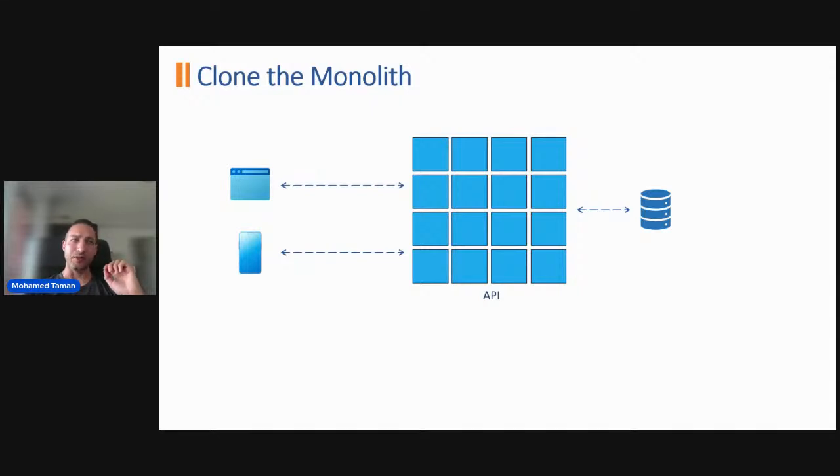So what do they actually need? Do they need a copy of the backend APIs and the backend database only, or do they need a copy of the entire front end application, the backend API and the database? Which part do they need in order to facilitate this kind of working mechanism for each team?